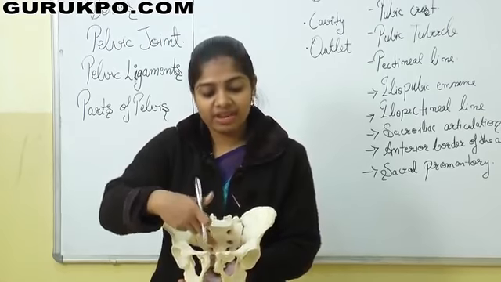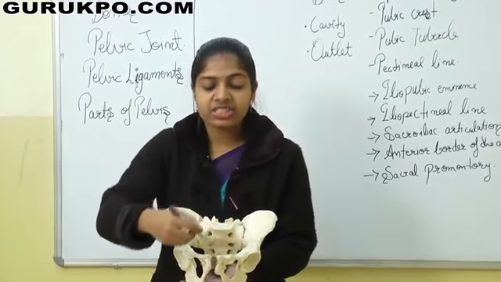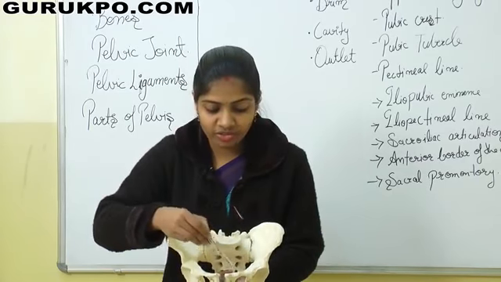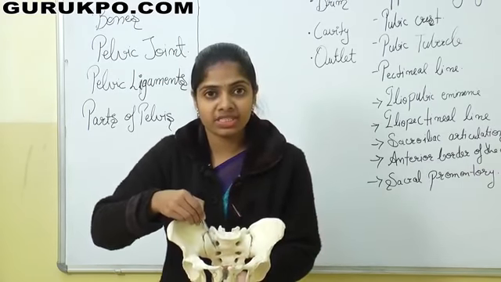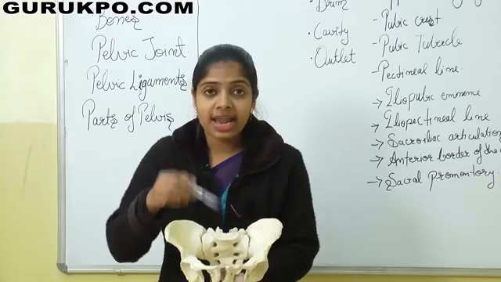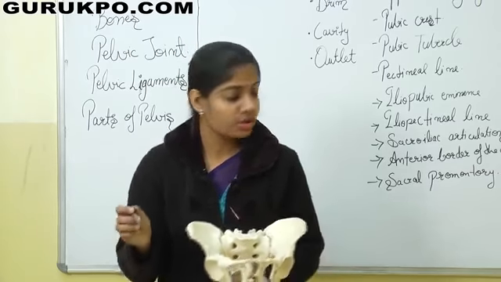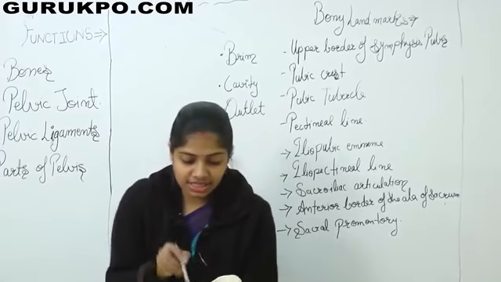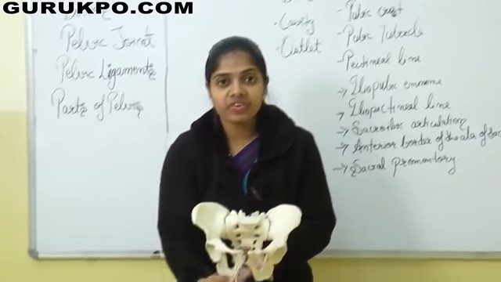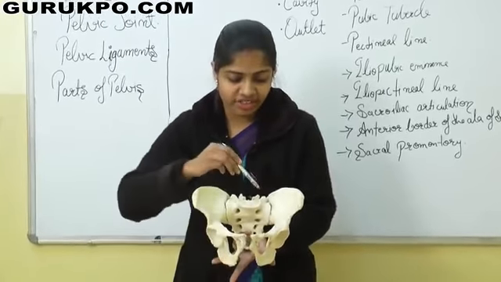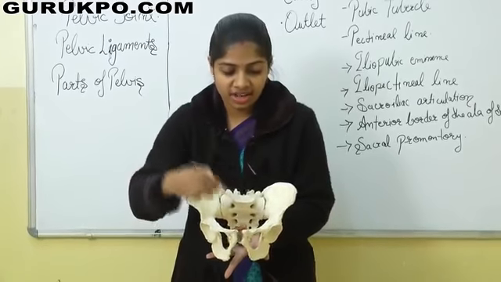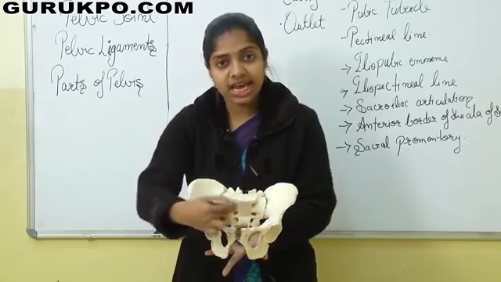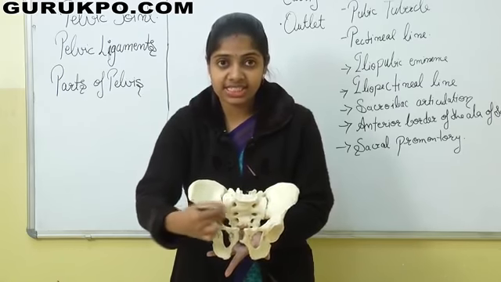The brim of the pelvis has 9 landmarks on its border. We will talk about these 9 landmarks first. First of all, this is the symphysis. It starts from the anterior side and comes to the posterior side. Both sides have the same landmarks.